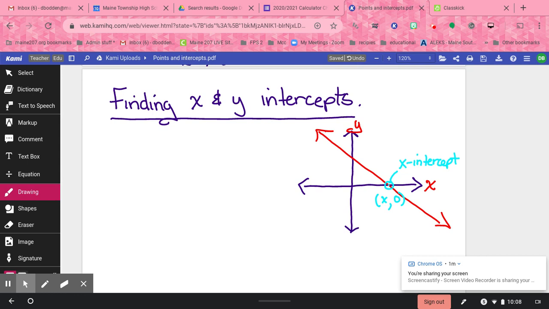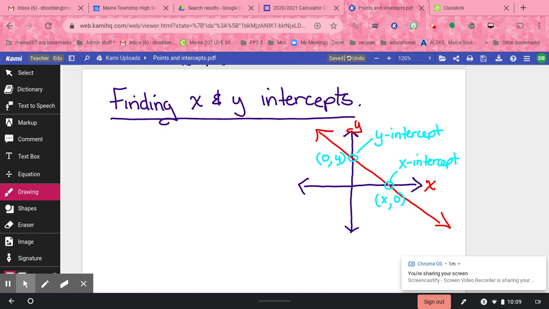If I look at where the line crosses the y-axis, that's going to be my y-intercept. And if I look at the ordered pair of my y-intercept, I know my x value is going to be 0, and then I will have some y value.